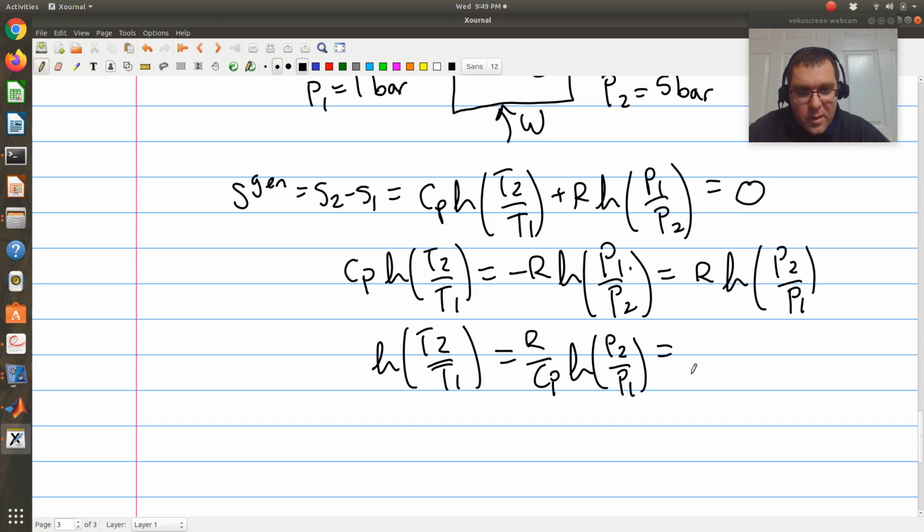And so that'll be equal to log, I'm going to bring R over Cp up. P2 over P1, bring that up, R over Cp. So the natural log of P2 over P1 raised to the R over Cp.